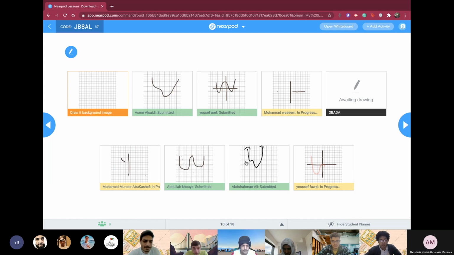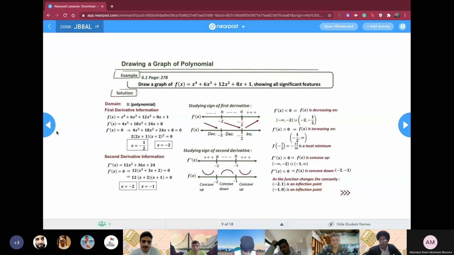They are like the general shape for the quartic equation. It will look like maybe a U or maybe a W. We will check from the graph when we solve it algebraically with Obada, and we will come and check again. Okay, Obada, you can go on.